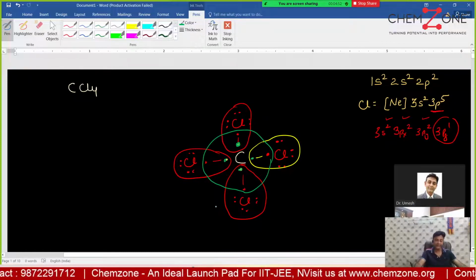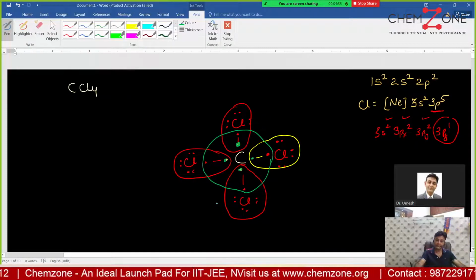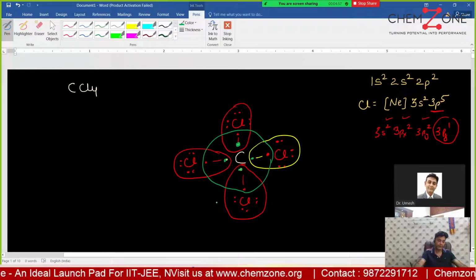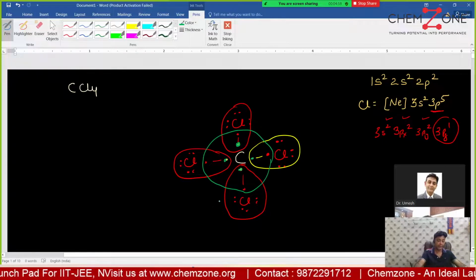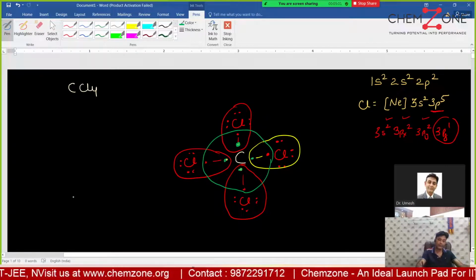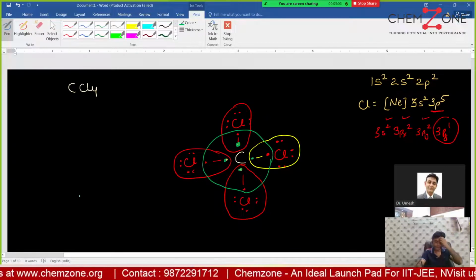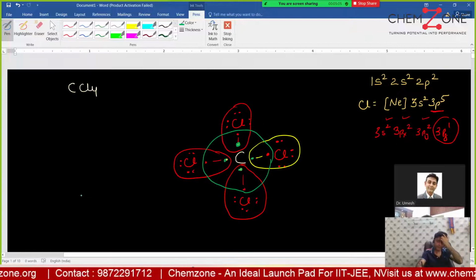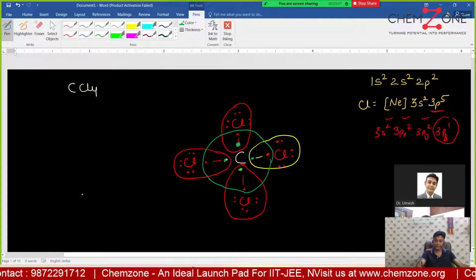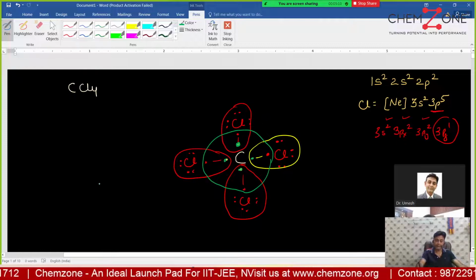only those elements are stable which have 8 electrons in the outermost shell, and they can make bonds.